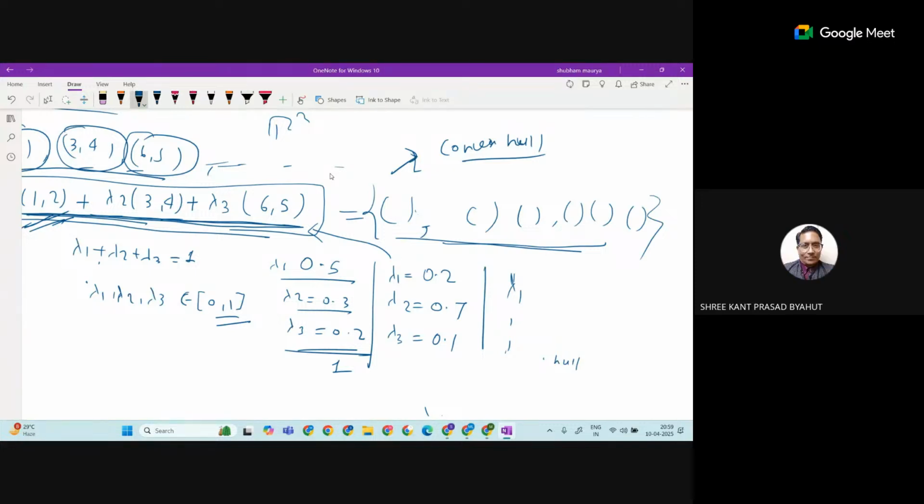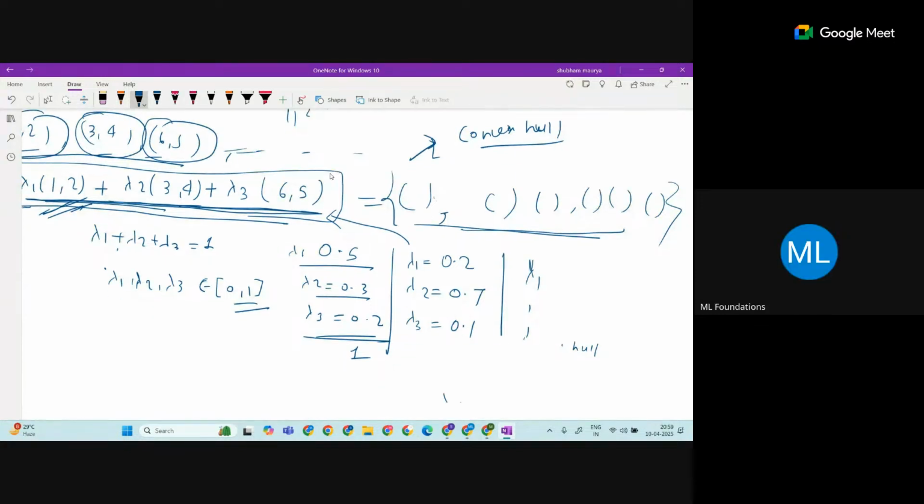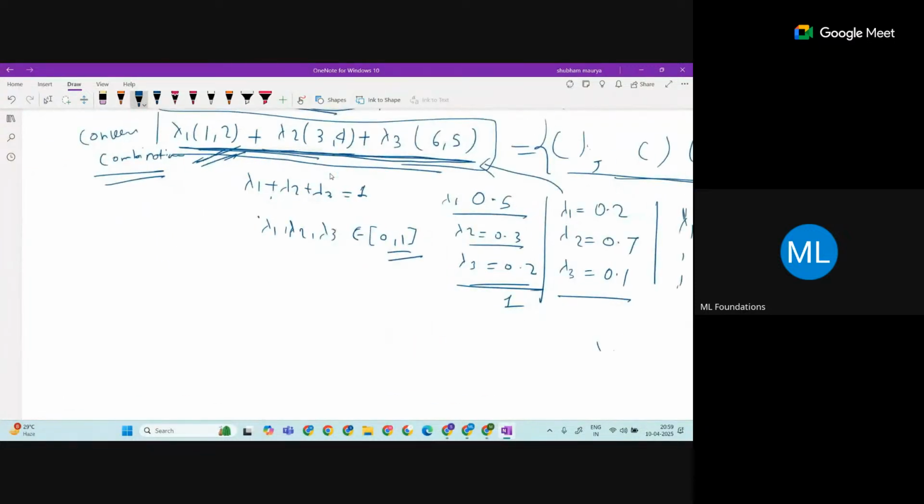Can we calculate the set of points also? Yes, we can calculate, but it has infinitely many. Can we frame a question like finding the convex hull of this? Maybe the question would be which point belongs to the convex hull, where some point is given.